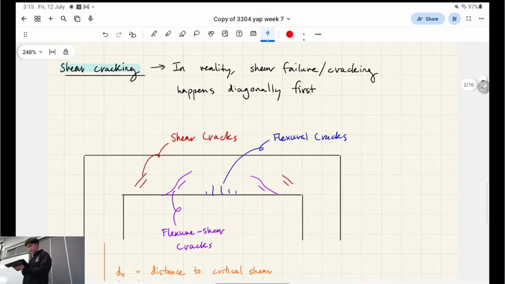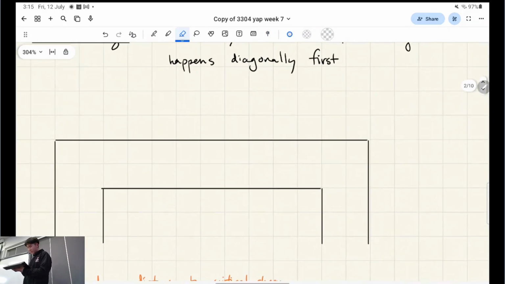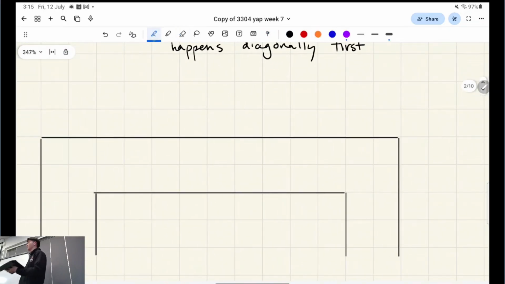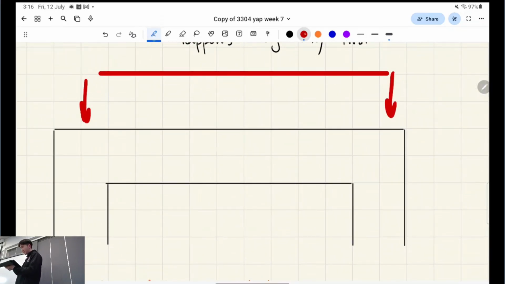So if we look at a beam, right, actually, I might just do this from scratch. Sorry, I like to rub things out first, so that there's less to look at on a screen. So this is a beam column joint, right, rigid joint. And when you have all your distributed loads acting over it, you're gonna find flexural cracks developing in the middle.